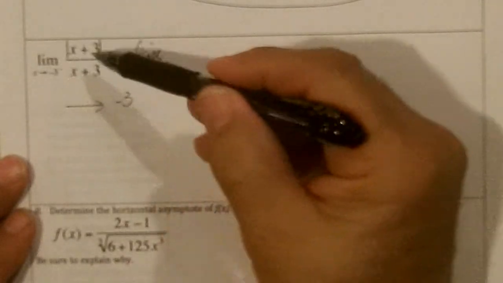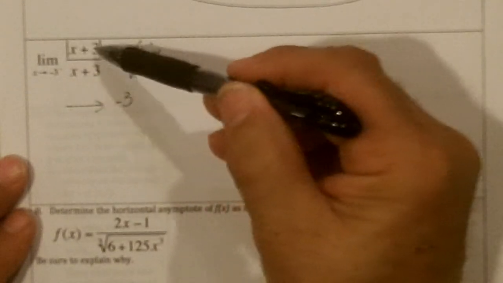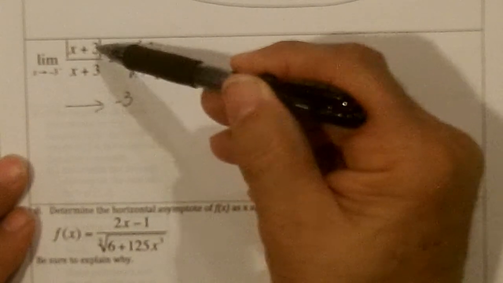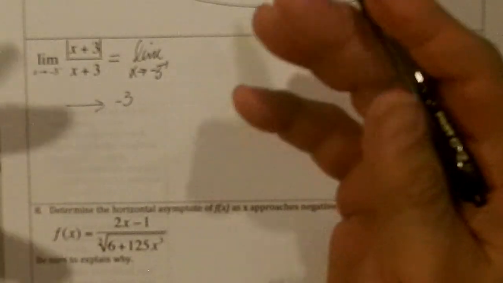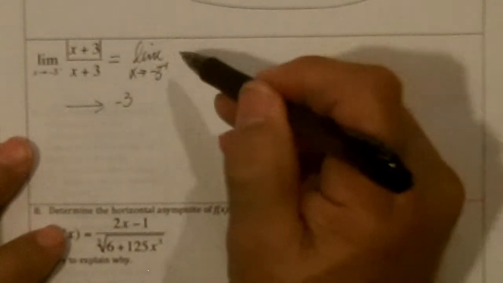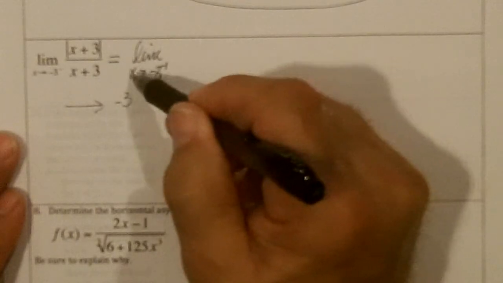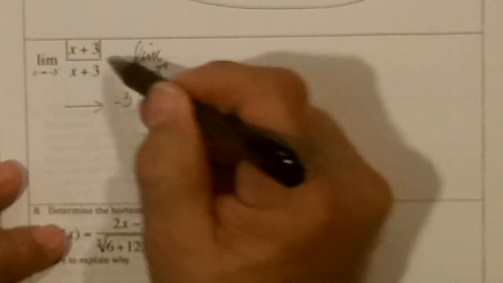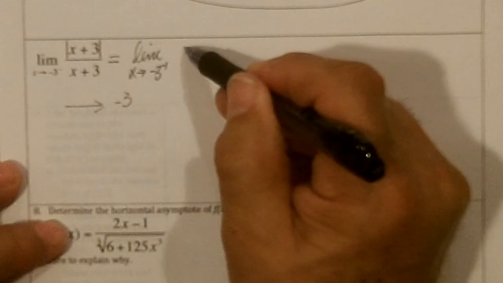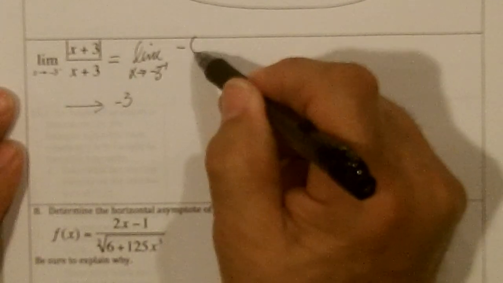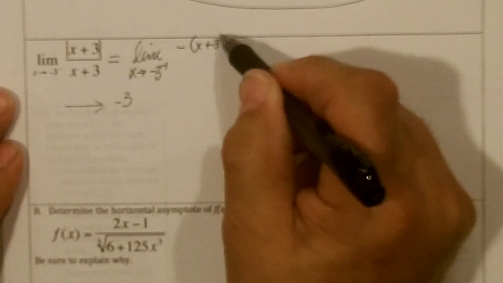When I come from the negative side, the absolute value of, like, -3.1 or -3.2 plus 3 is going to be negative, and it will change the sign. For all these numbers on this side of -3, the absolute value would change the sign of this whole quantity. So I can replace the absolute value with negative of x plus 3.